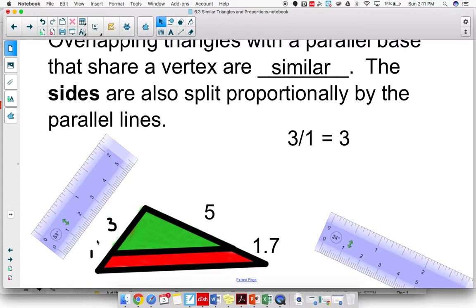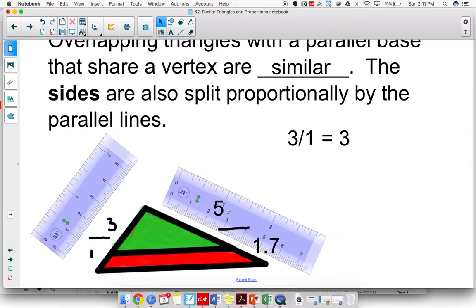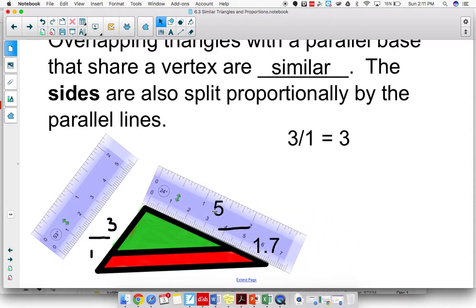What happens is these two numbers on the left, if we write them as a ratio, are actually equivalent to the two numbers on the right if we write those as a ratio. So I actually measured these out. You can record those values, and if you don't believe me, I'll slide the ruler over. So that green triangle has a length of 5, and I measured all the way down to the bottom of that line.